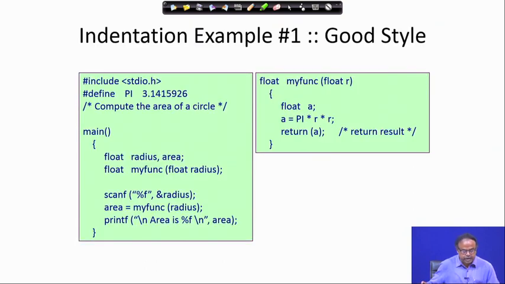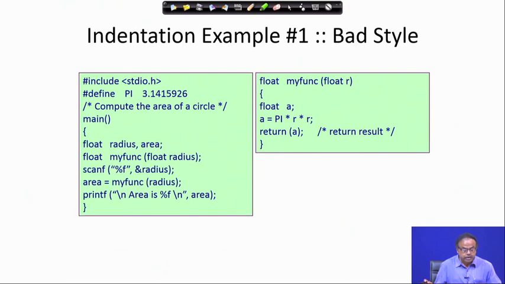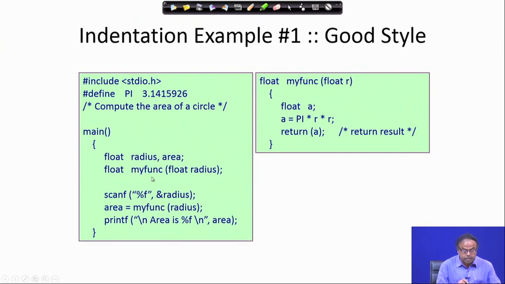Here is a good example. I am writing in a straight line, here there is a function, that is fine. Let us come to another example which will illustrate this better. This is a bad style; compare these two.